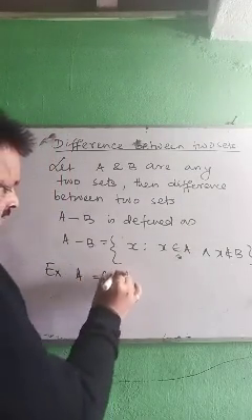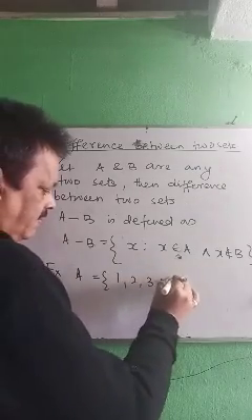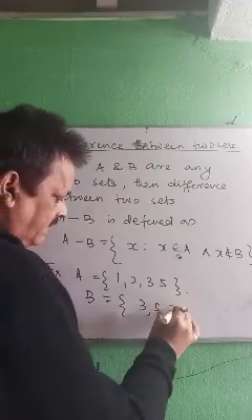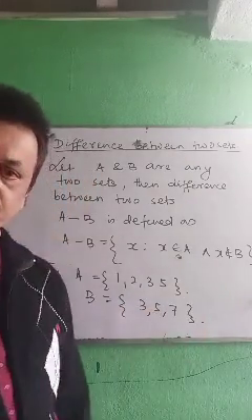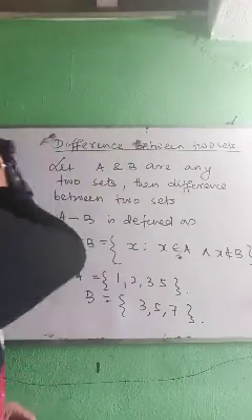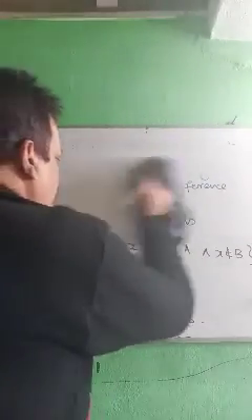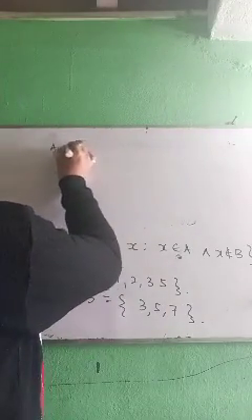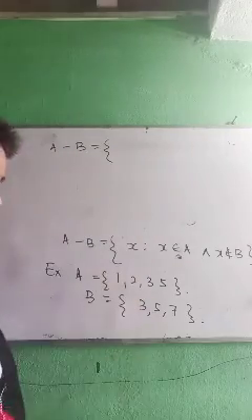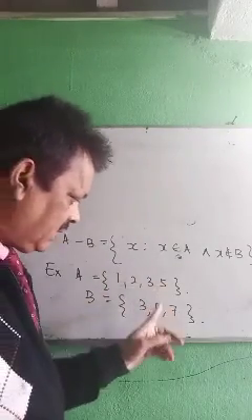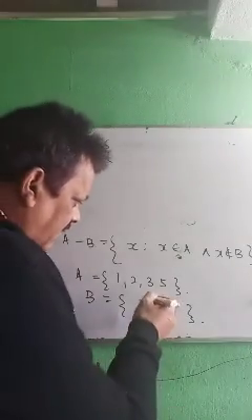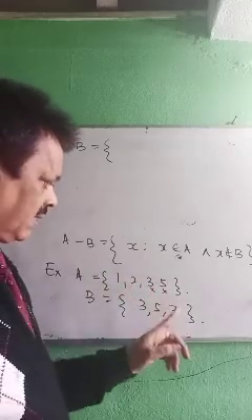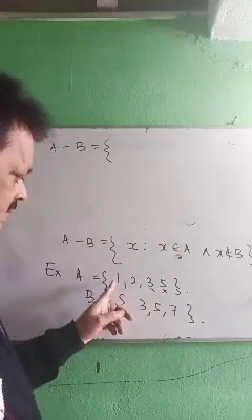If A equals 1, 2, 3, 5 and B equals 3, 5, 7, then A difference B is all the elements of A which are not in B. That means the common elements you have to take out. The 3 and 5 of A will not be taken because 3, 5 is present in B. So that will be 1, 2.